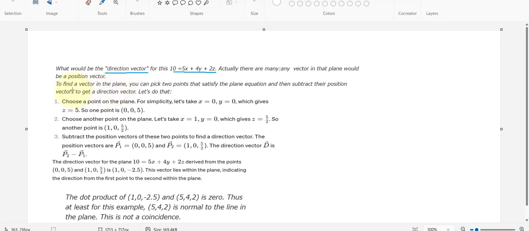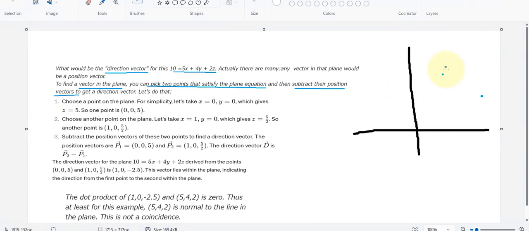So how can we find a direction vector? How can we find a vector in the plane? You can just pick any 2 points in the plane, in other words, any 2 points that satisfy the equation of this plane, and then subtract their position vectors. We talked about that before. We have a point here and a point here. We can construct the vectors that look like this. That's the position vector for that point, and this is the position vector for that point.